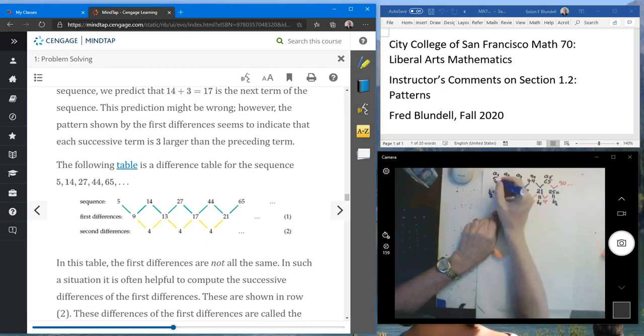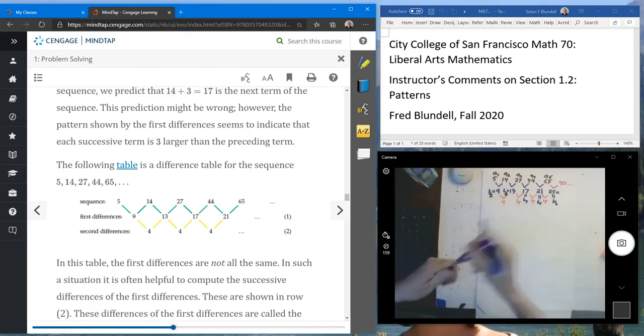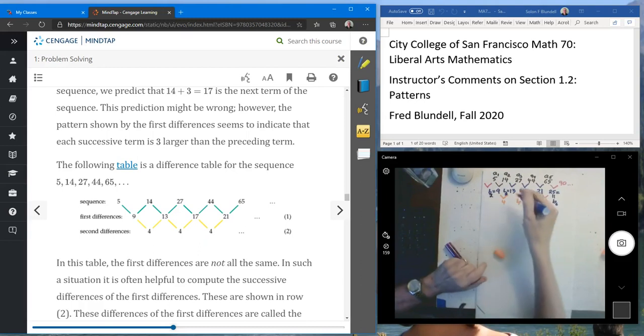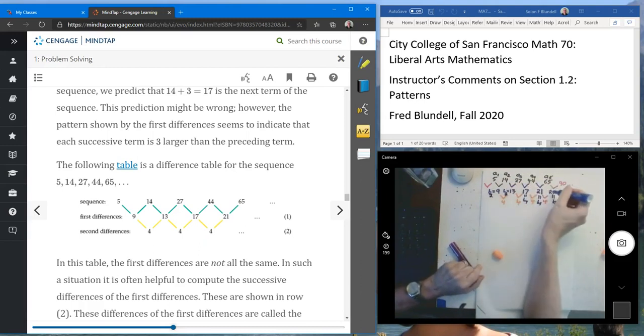So B1, if I predicted going backwards, is just increasing by 4 every time.